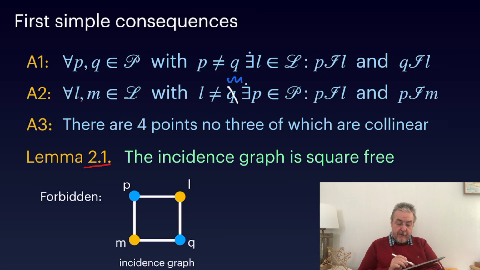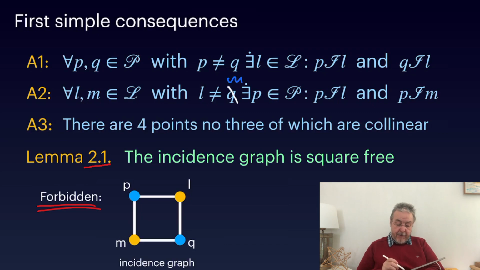We have a bipartite graph, and incidence is expressed by having an edge between those two. And something like what you see here cannot happen in an incidence graph, and the reason is that it would violate both axiom A1 and A2, because it would violate the uniqueness property here.